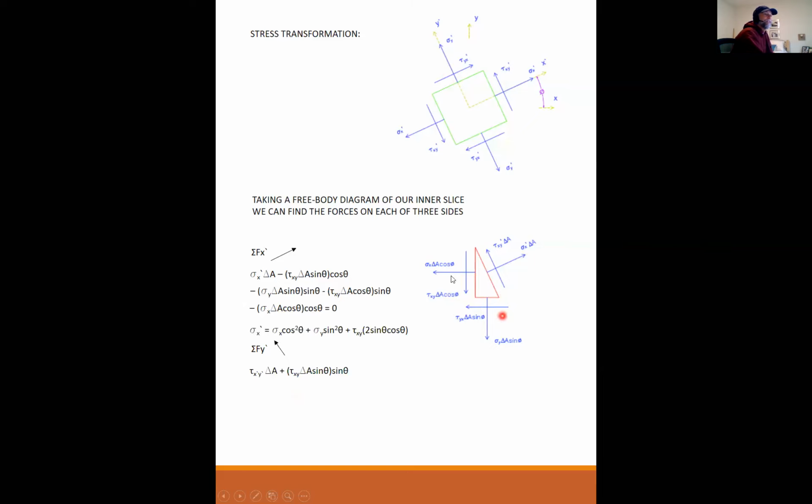Each of the others has a component that's sine or cosine. And sigma x prime delta A has 0 component in this direction because it's perpendicular. So there are my 5 components equal to 0. I clean it up and I can solve for tau x prime y prime, which is equal to this expression here, again just in terms of sigma x, sigma y, tau xy, and theta.